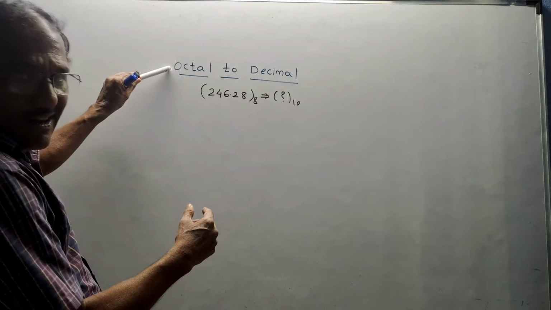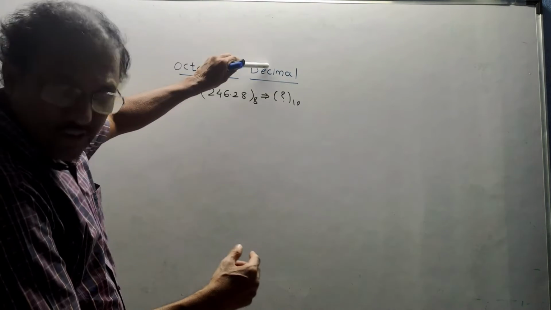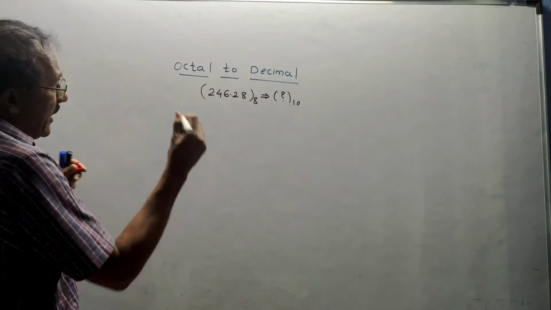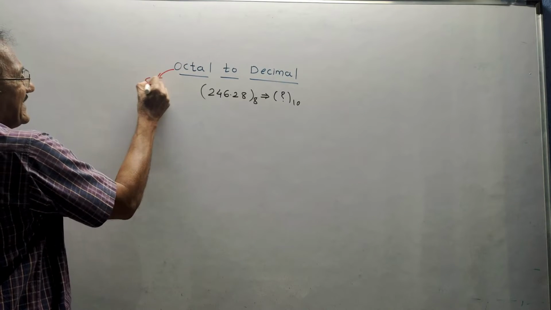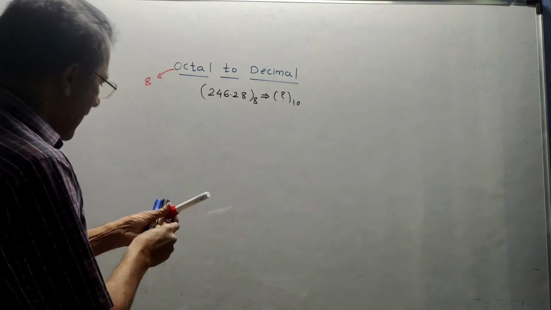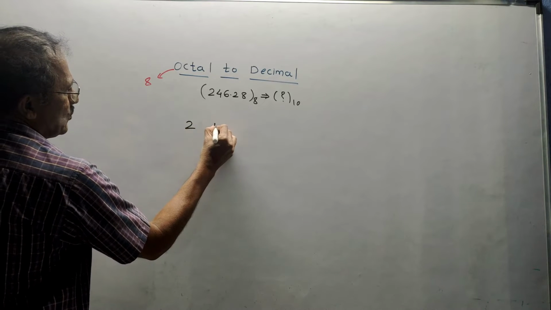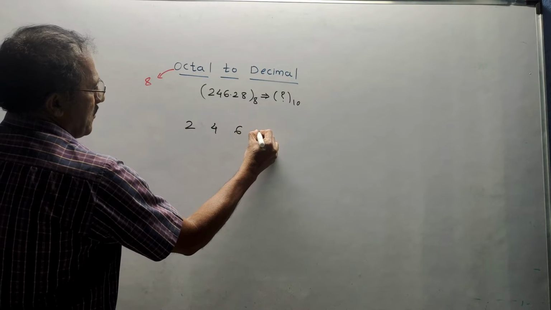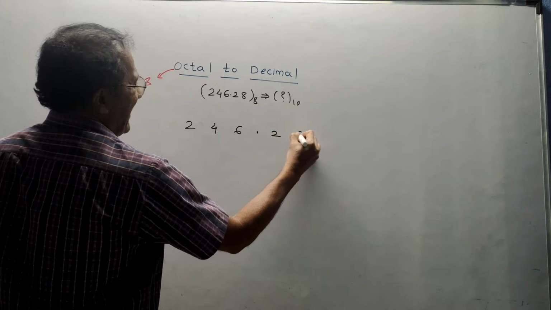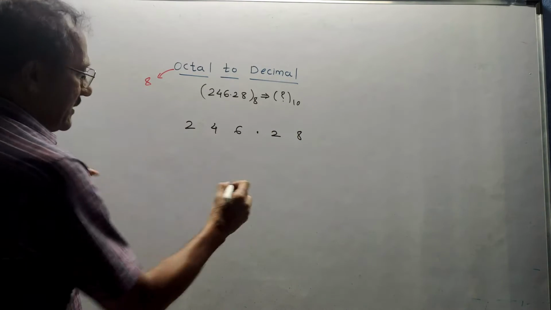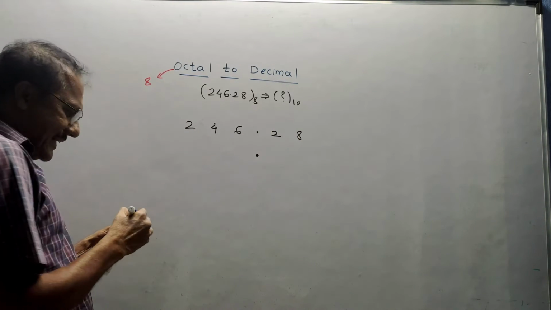This is octal. We are converting an octal number to a decimal number. So in case of an octal number, the base is 8. Now how to do it? I will write the number separately for simplicity. It is 246.2, to the base 8. This is the given octal number. This is the decimal point. Keep it as it is.